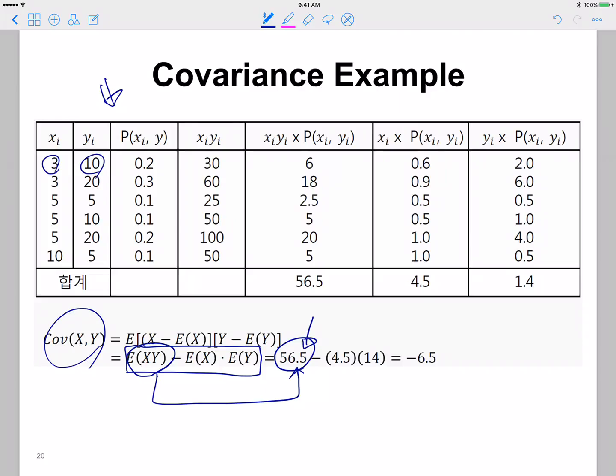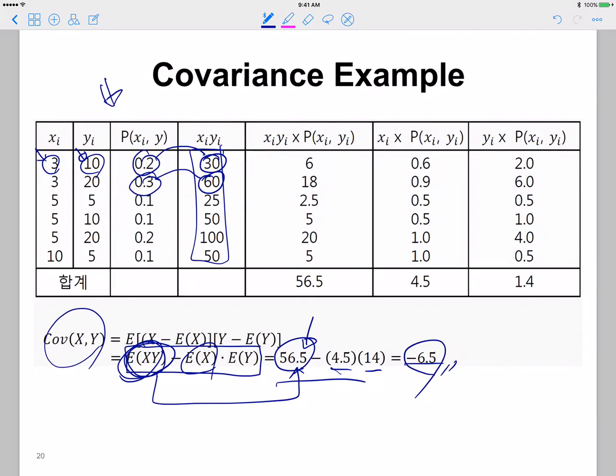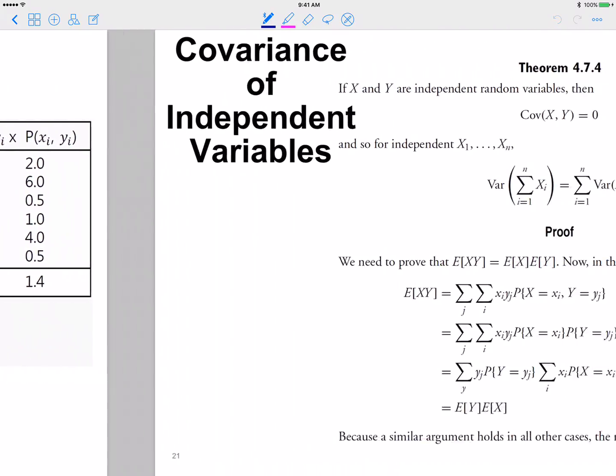If x and y are a person's height and weight, we multiply them to produce this new random variable x times y, consider their joint probability values, and compute the weighted sum of those x times y values. We can also obtain the expectation of the single variables x and y, and compute this part. So they roughly have an inverse relationship: one is decreasing while the other is increasing.